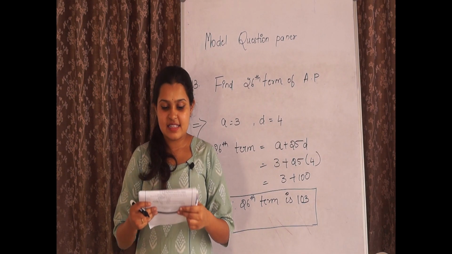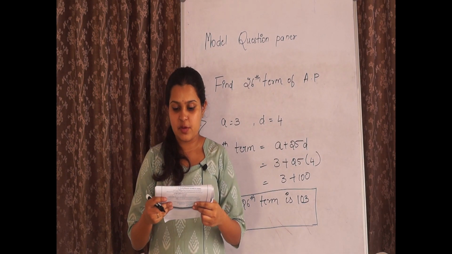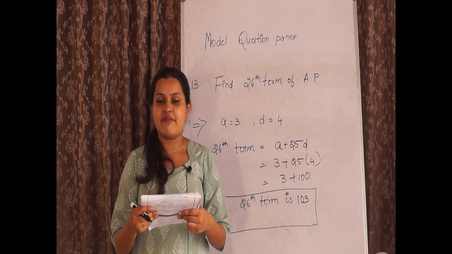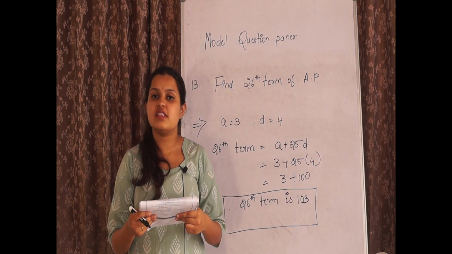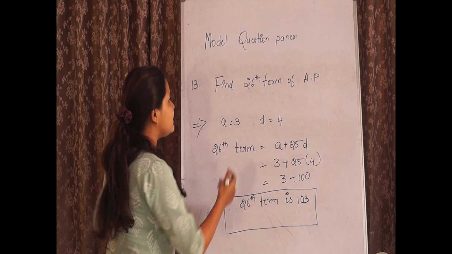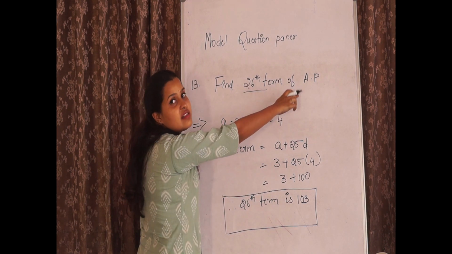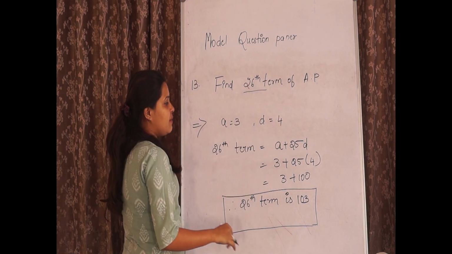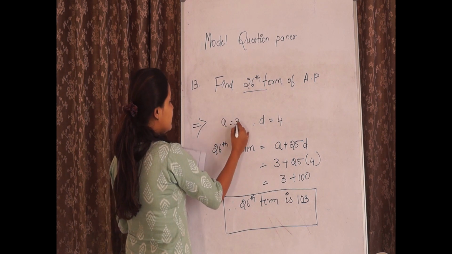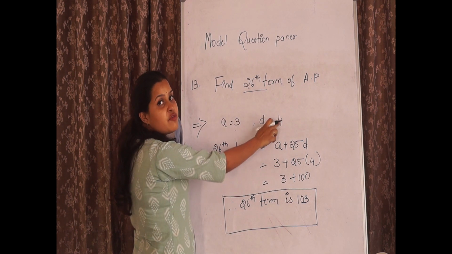Find the 26th term of the arithmetic progression 3, 7, 11 using the formula. So let's find the 26th term of an arithmetic progression using a formula. So a will be 3 and d will be 4.